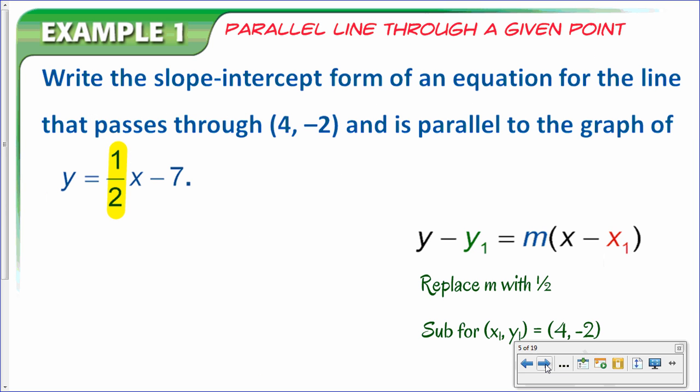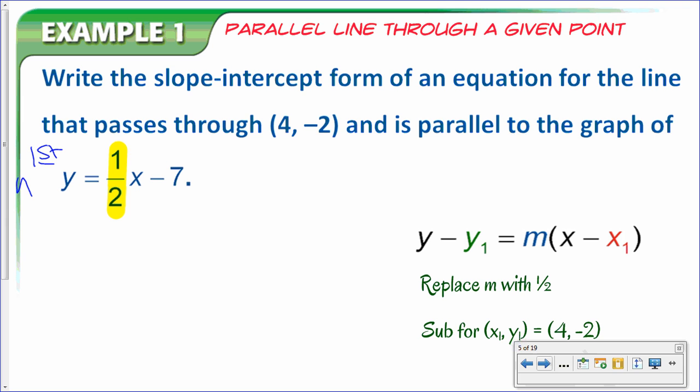Okay, if you look at the first example, write the slope-intercept form of an equation for the line that passes through (4, -2) and is parallel to which line? Parallel to this equation here, right? So, basically, if this helps you, go ahead and write this down. This is the first equation.